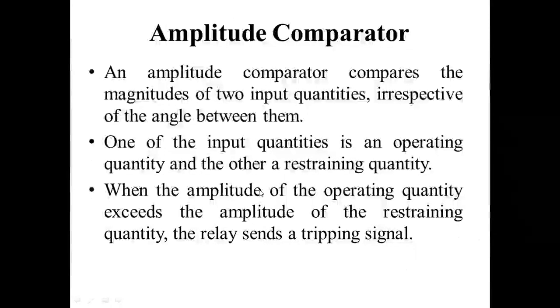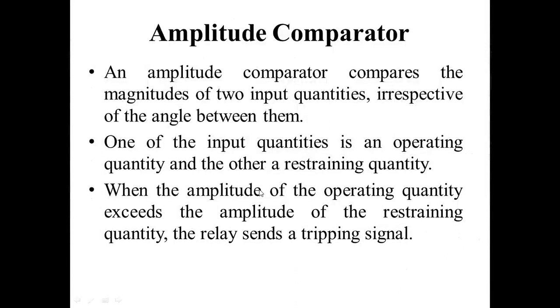So this is your amplitude comparator. What is the definition of an amplitude comparator? As the name suggests, an amplitude comparator compares the magnitude of two electrical input quantities, irrespective of the angle between them.